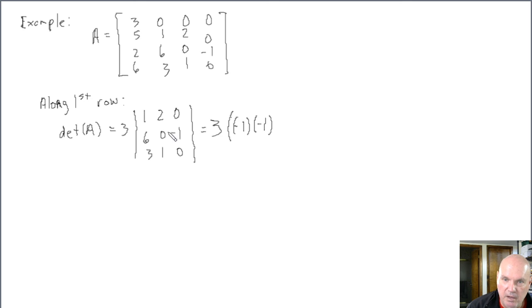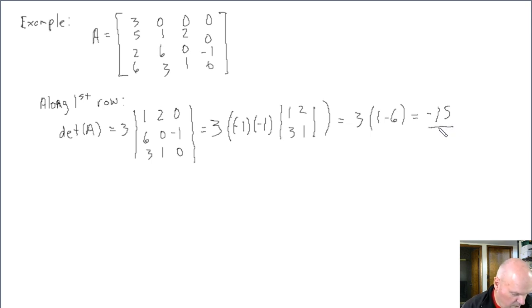Then the corresponding 2x2 matrix that's left when I eliminate that row and that column, so that's 1, 2, 3, 1. So 3 times minus 1 times minus 1 is plus 1. And here I'll have 1 minus 6. That's 3 times a minus 5, or minus 15 for the determinant.